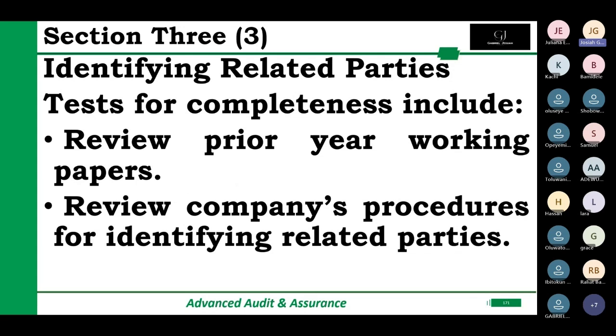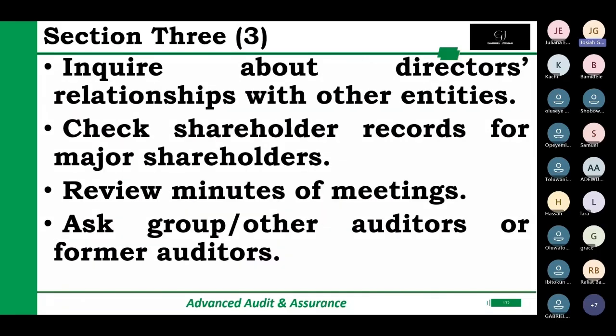Then in identifying related parties, he needs to test for completeness, which includes reviewing prior year working papers, the previous audit that was done. He needs to review the company's procedures for identifying related parties. Then he needs to inquire from management about other entities, joint ventures, and companies that provide goods or services to the company he's auditing.